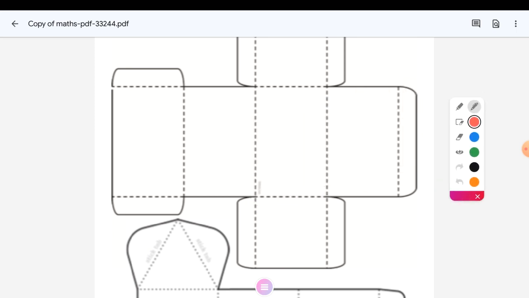Here, let me call them box 1, 2, 3, and 4. Which sides have to be the same? 1 and 3, because if I folded those up, that would be like the left and right side. So they would have to be the same. Kendall? And 2 and 4, because that would be like the top and bottom. So in a box, remember, like the left and right are the same, top and bottom, front and back. You have 3 sets of sides.